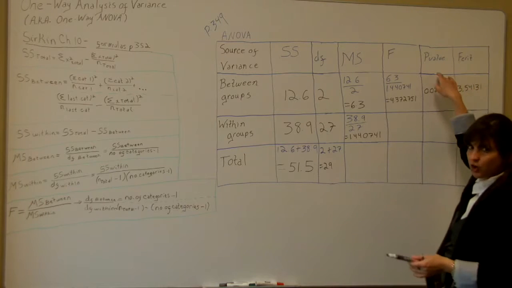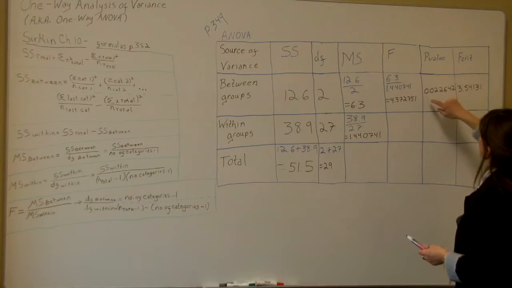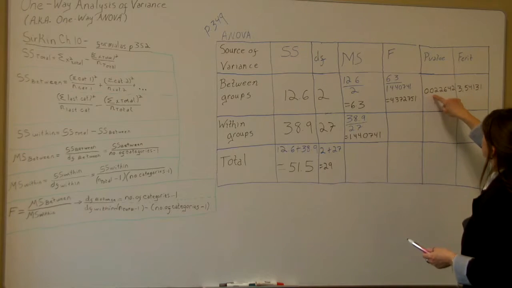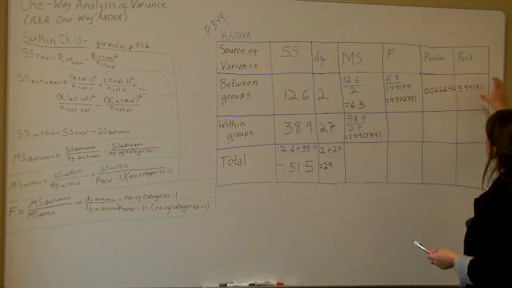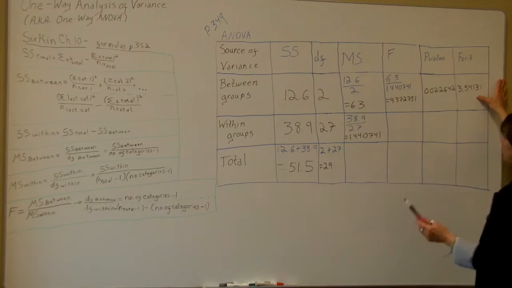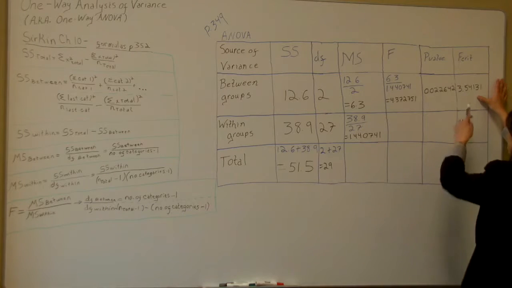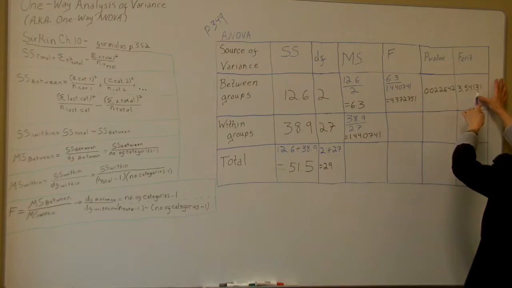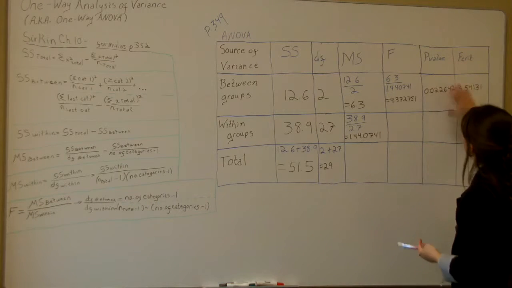You look at your chart for your F, and you have a p-value of 0.022642, and the F crit, the critical value for this, is 3.54131, which ours is larger. But also you look at the p-value here.